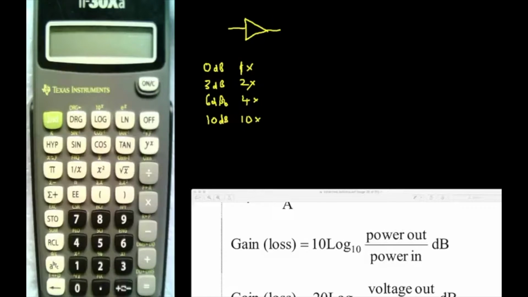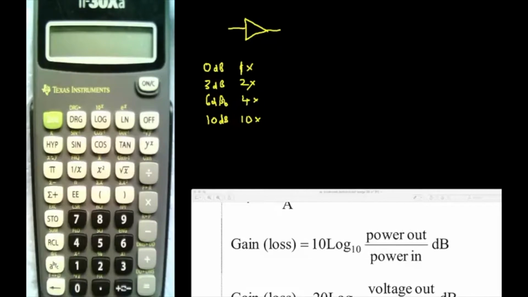Right, now this is fine if we have a gain or loss that is sums and differences of these. For example, we can combine 6 and 3. We can say 6 and 3 is 9 dBs, and that's 4 times 2, which is 8 times.